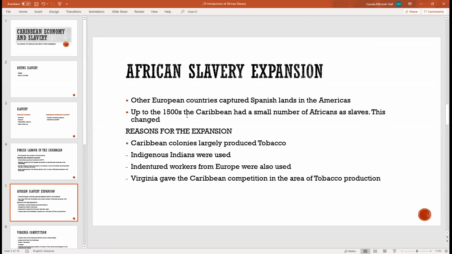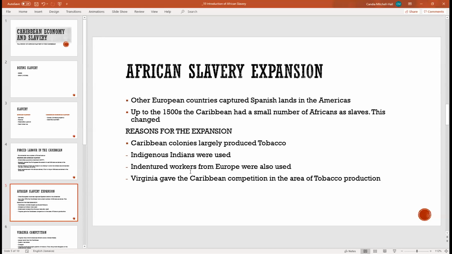Not a lot of Africans were actually used as slaves. Some historians say that Africans were here before Columbus. When you reach the sixth form, you will discuss that. But for now, up to the 1500s, a small number of Africans were used as slaves.